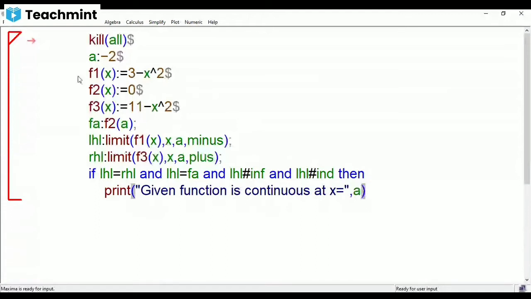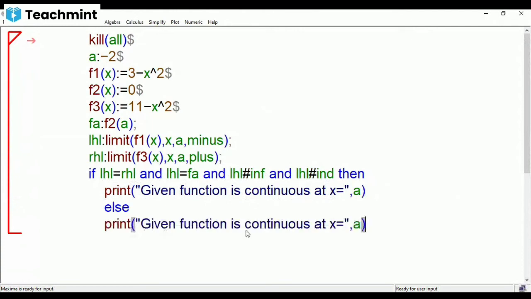A will be called from this, right? If this is not true, if any one of them fails, because I have put and, all are compulsory. If any one of them fails, else print given function is discontinuous at x equal to a, and stop the loop.